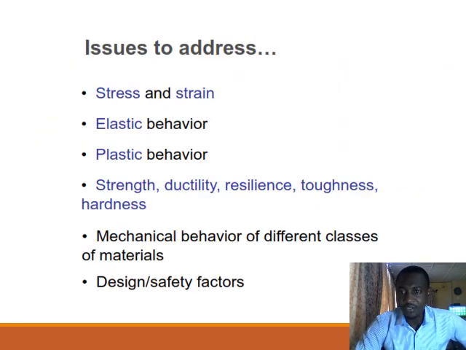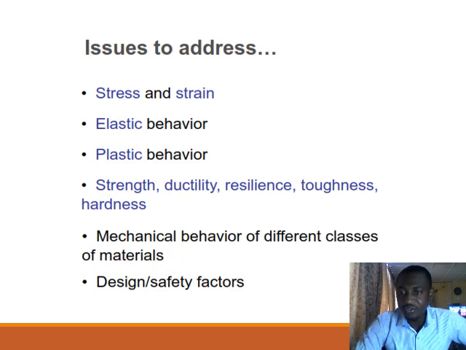So what we're going to look at, we're going to focus on some basic principles. This is just an introductory class to understanding engineering materials. We're not going to be going so deep, just to understand some basic concepts of mechanical properties of material. So we're going to focus basically on understanding the stress and strain, the plastic behavior of a material when a load is applied, elastic behavior, and then some mechanical properties like strength, ductility, resistance, resilience, toughness, hardness, and how all of this can be measured.